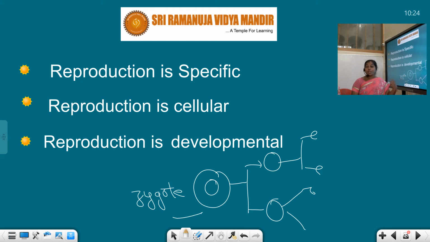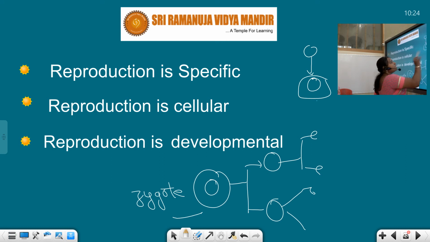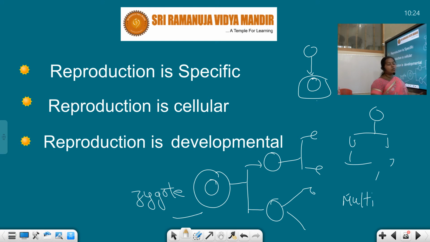Depending upon the cells, organisms are divided into two types: unicellular and multicellular. If the cell gives rise to a single cell as the final result, it will be a unicellular organism. If not, the cell divides repeatedly and at last we get a multicellular organism, an organism with so many cells.